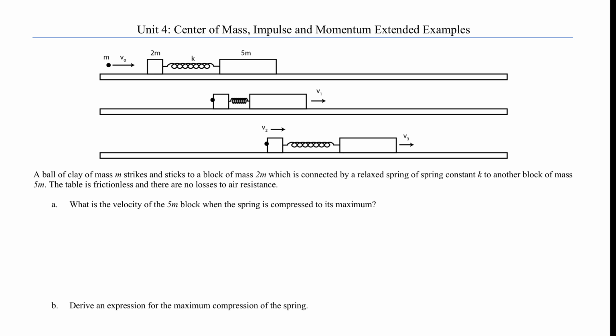But I'm pretty sure we are missing an intermediate step. I think there's a part where the clay ball sticks to the block and gives the 2m block some velocity, but the spring has not begun to compress yet. Does that make sense?